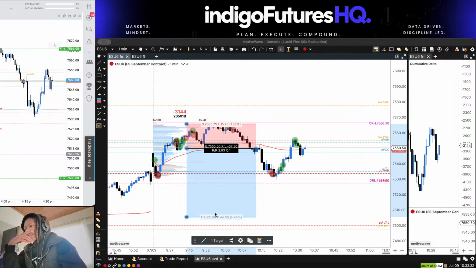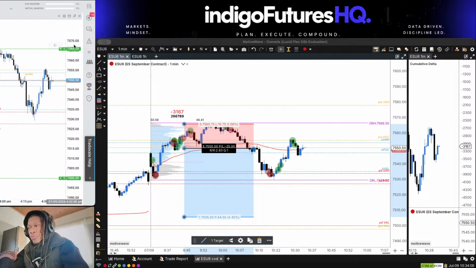Logic does say if this high is taken, then it's our stop loss. There's nothing else, right? So what we call that, 556. Let's make this $200 risk. 558.